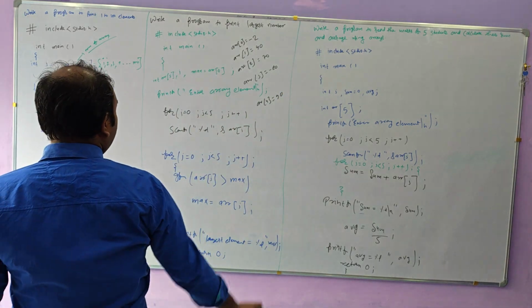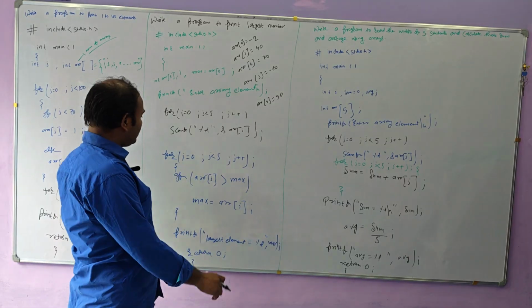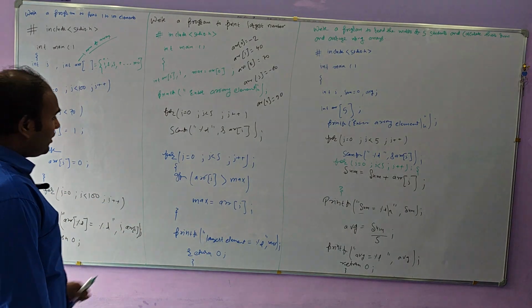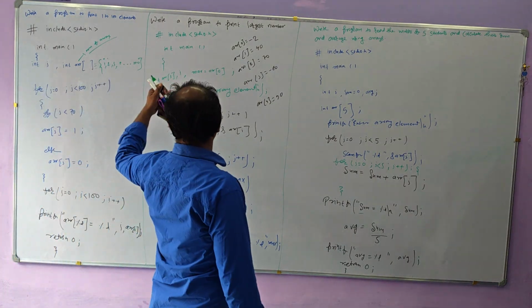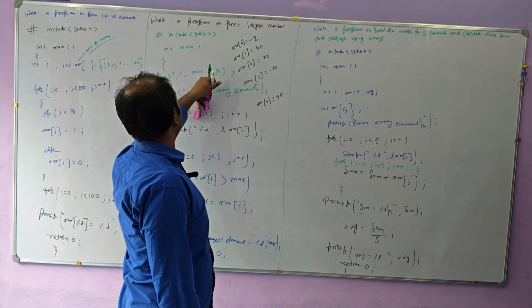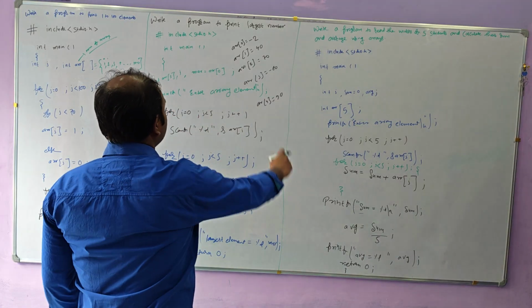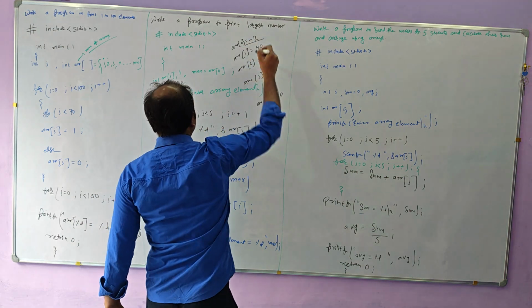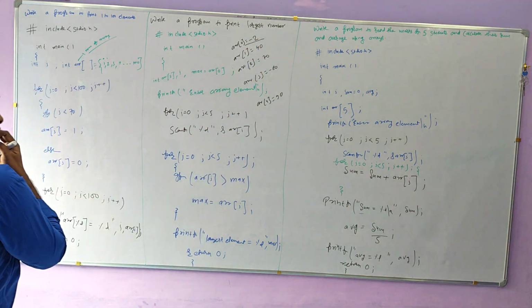Okay, we have just taken an input like this. Now we want to execute AR of I, and we have already set max equal to AR of 0, and AR of 0 is -2. That is our max value for now.